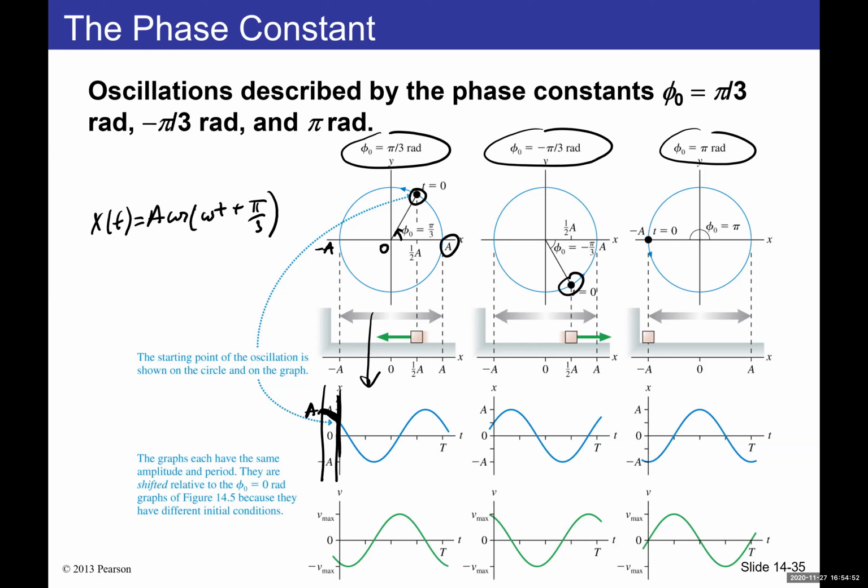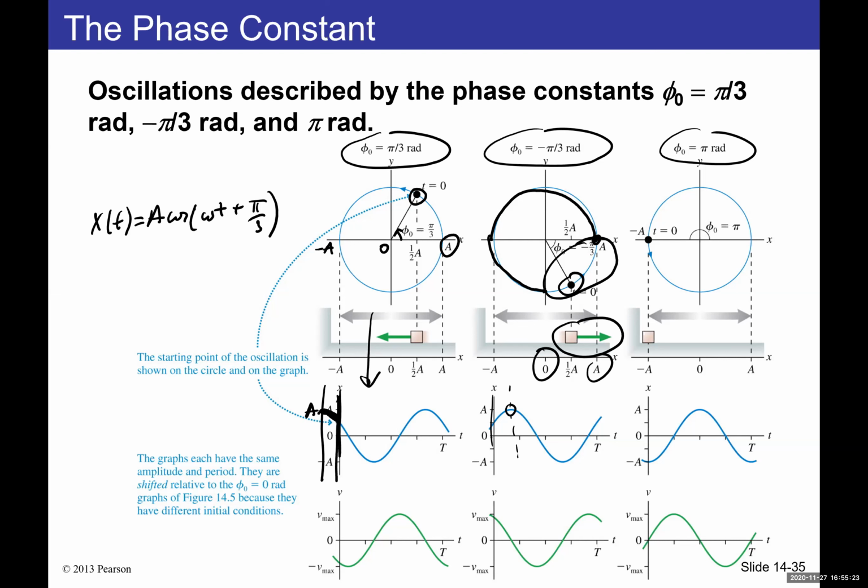Then this is the same phase constant magnitude, pi over 3, but you can see this is the portion where the particle is moving to the right. That means it started from here, went to negative A, then came back to 0, and then goes from 0 to positive A. And this is during that motion, from equilibrium going toward negative A. Which means that if this was my cosine graph, now I am pi over 3 behind that, negative pi over 3 behind it.